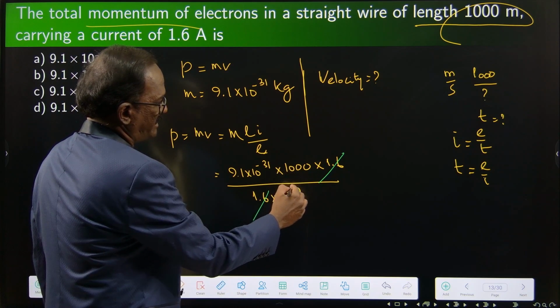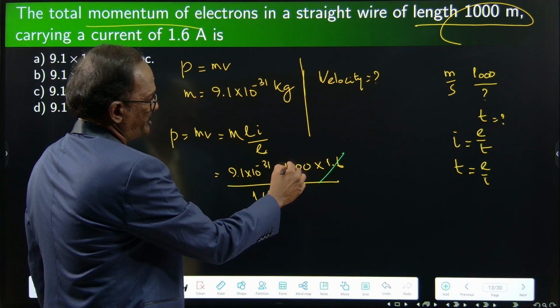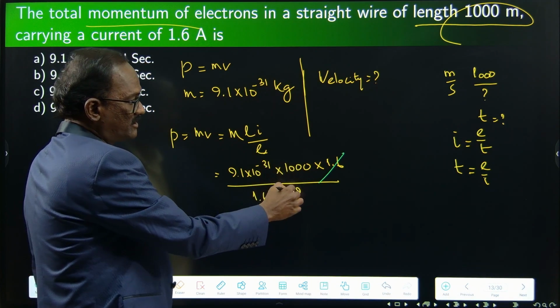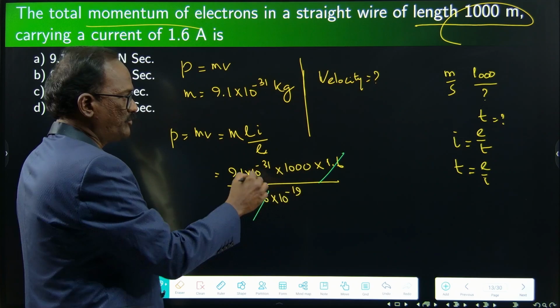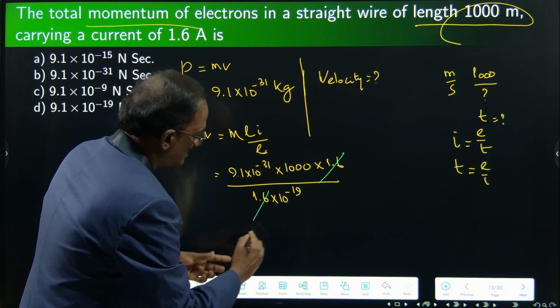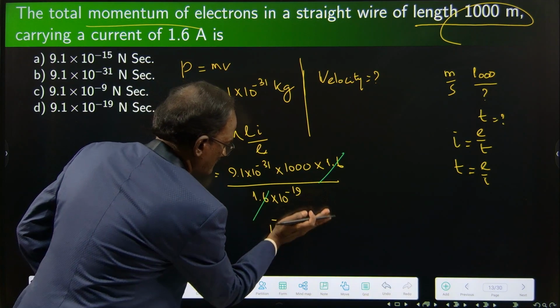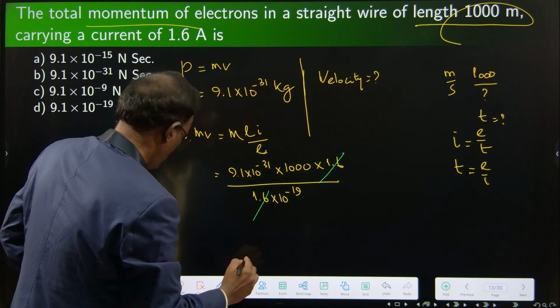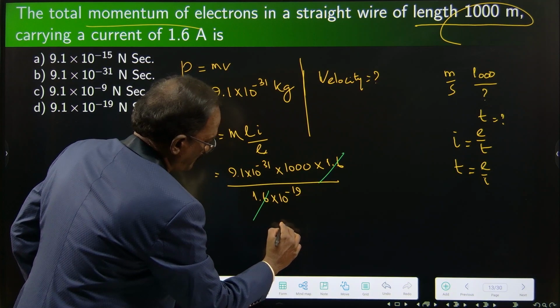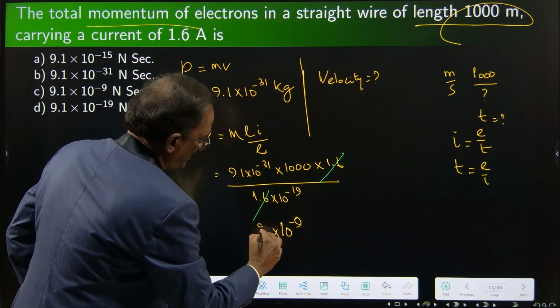This is minus 19 plus 19 plus 22, 3 zeros, 19 plus 3, 22, 31 minus 22, 9. So the answer is 10 to the power of minus 9. The value is 9.1.